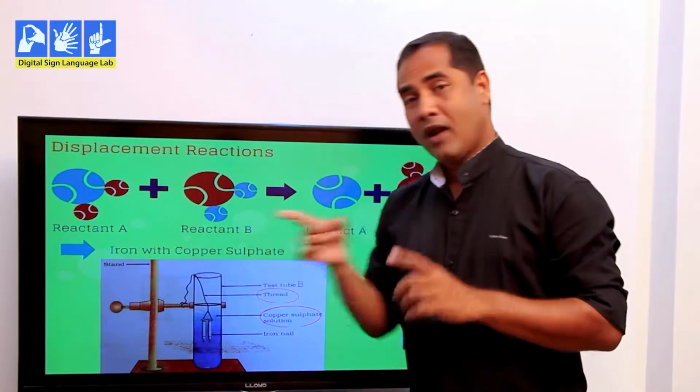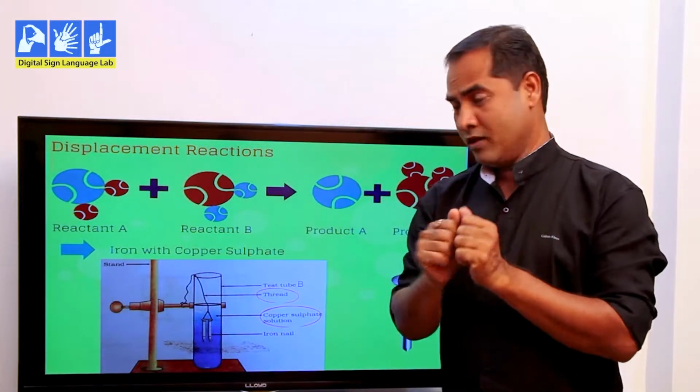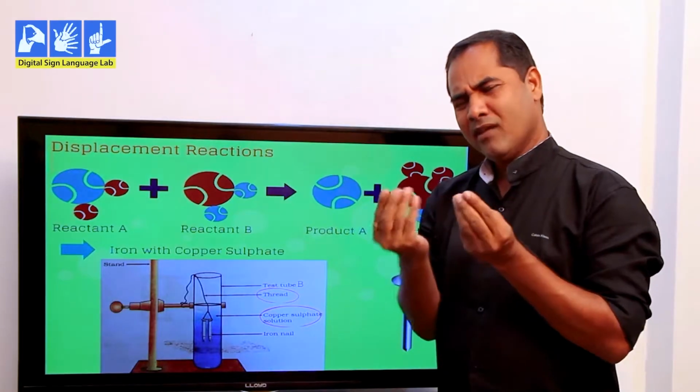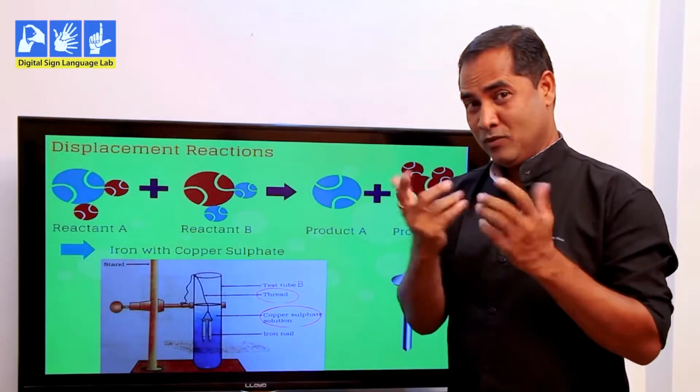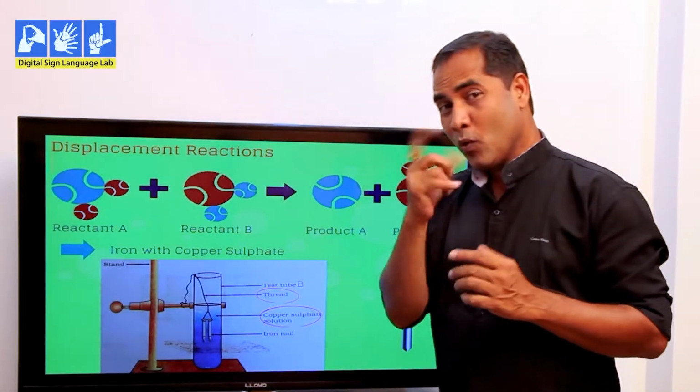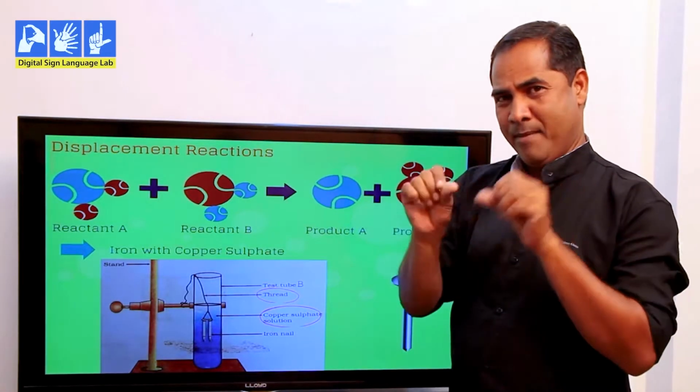So in an experiment, we take iron with copper sulfate. So you see the blue color, that's copper sulfate solution.